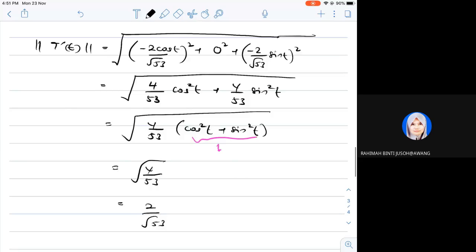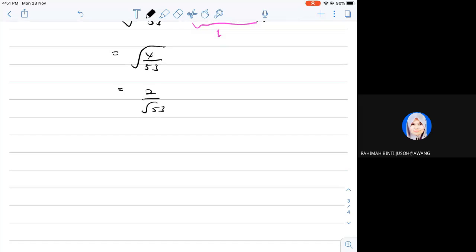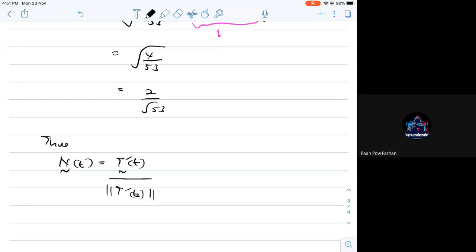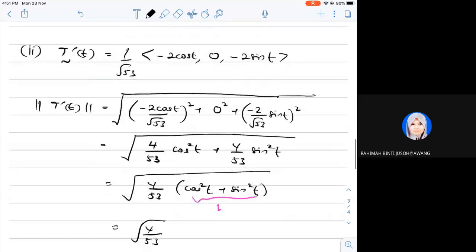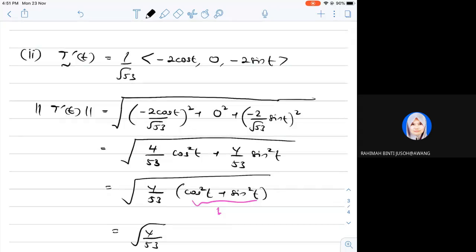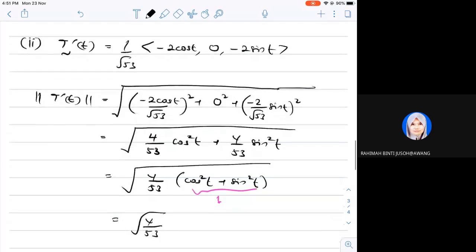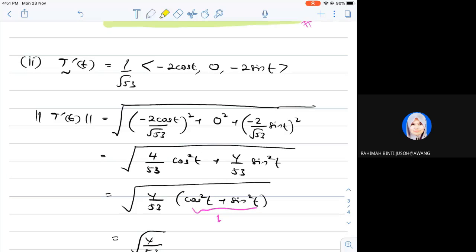So right now, the unit normal vector is equivalent to T prime t divided by the magnitude of T prime t. You have to divide everything here. So we take this, all of this is your T prime t.